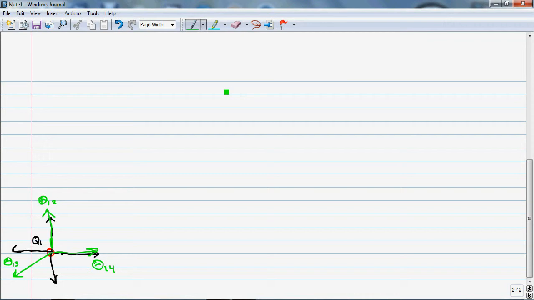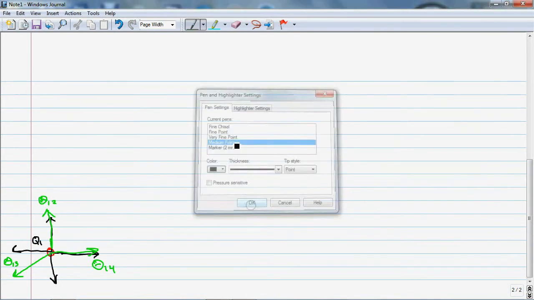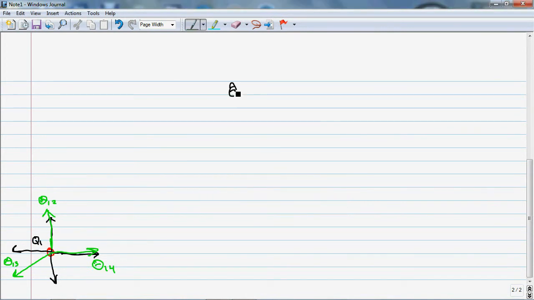So I'm going to write here all of my different options. Theta 1, 2, well, that one's pretty easy. That's just going to be 90 degrees, or pi over 2. Theta 1, 3, well, it's going in the opposite direction, and it's a square, so I know that this part is 45 degrees.